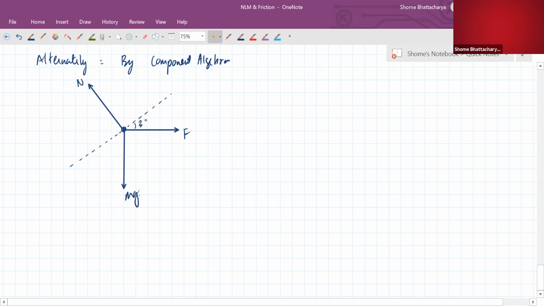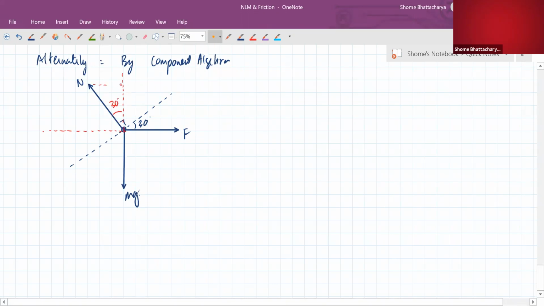We've seen that this angle is 30 degrees. So you can see that this angle will be 30 degrees.